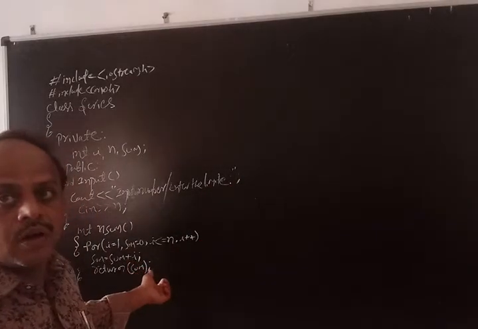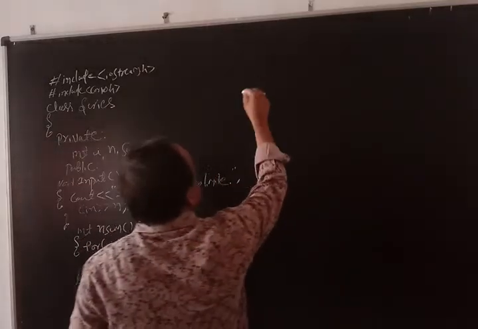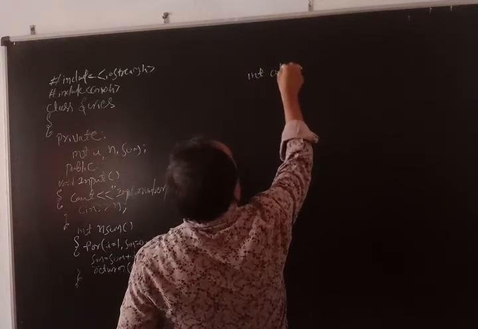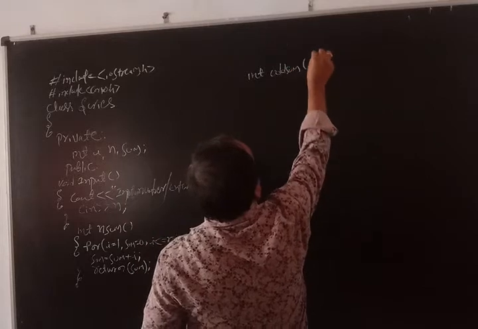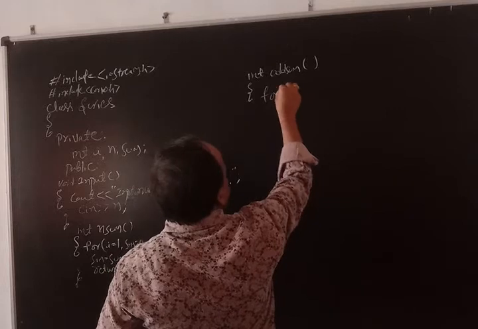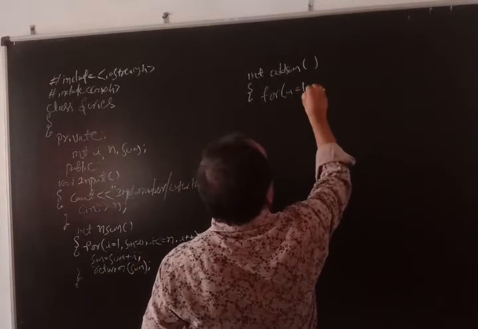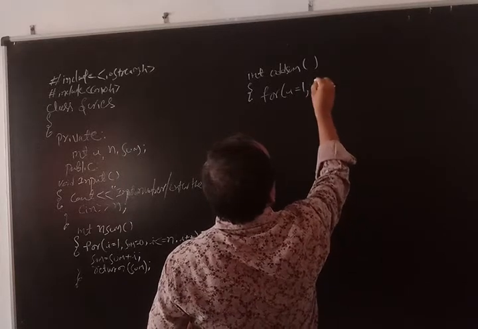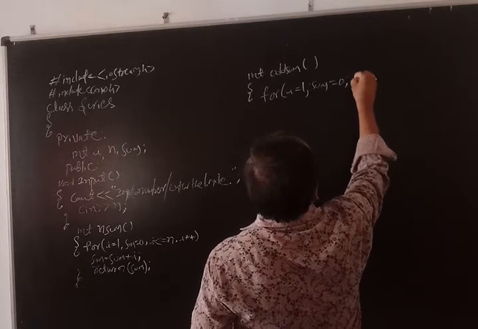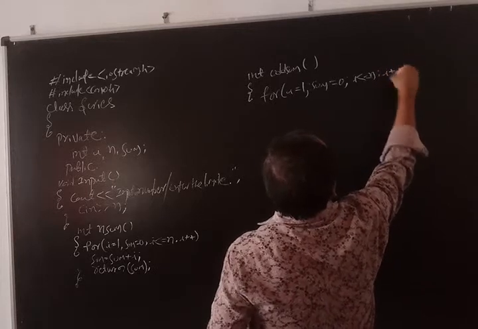Next we have to find the odd number sum, therefore I am considering one more function here, int odd sum function. Here also I am considering for i equal to 1, sum equal to 0, i less than or equal to n, i plus plus.